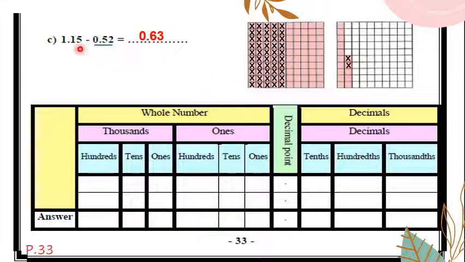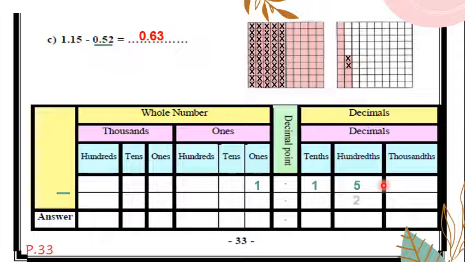Also, I will use 1.15 minus 0.52 in the place value chart. I will make the subtraction by using the place value chart. So I'm going to write the numbers under their place values. 5 under the hundredths, 1 here under the tenths, decimal point under the decimal point, and 1 in the ones place.